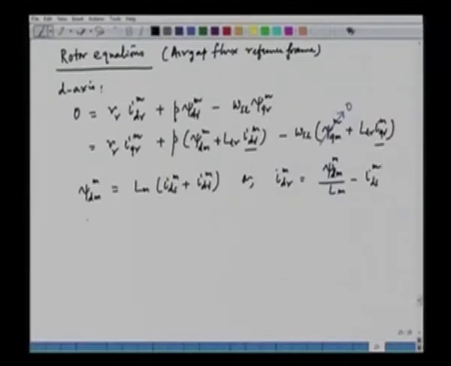In a similar way, we can say that psi qm is equal to Lm into iqs m plus iqr m, that is equal to 0, because there is no q axis air gap flux. So, or we can say here iqr m is equal to minus of iqs m.